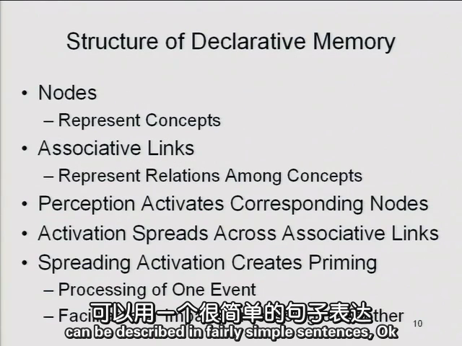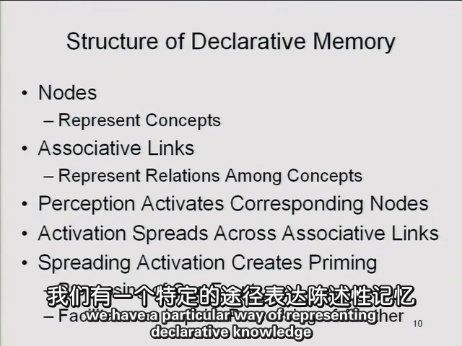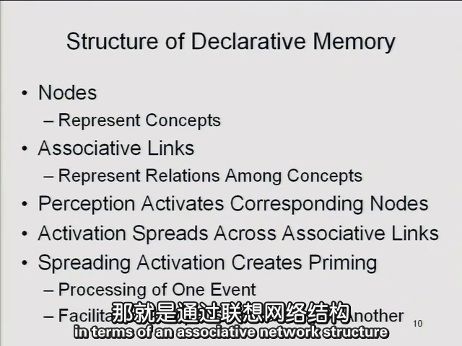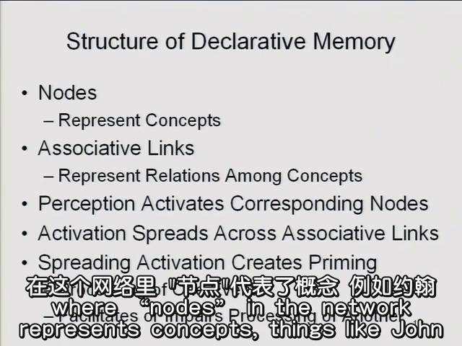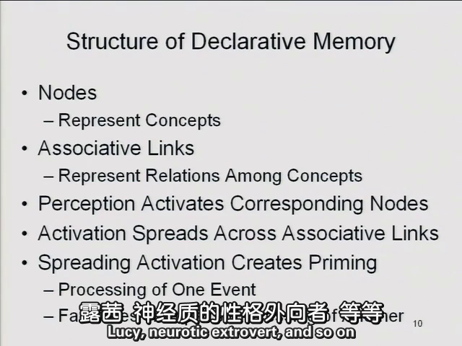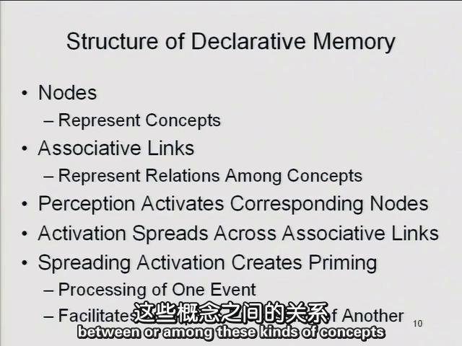In cognitive psychology and cognitive science, we have a particular way of representing declarative knowledge in terms of an associative network structure. It's very popular, where nodes in the network represent concepts, things like John, Lucy, neurotic extrovert, and so on, and associative links represent the relationships between and among these concepts.